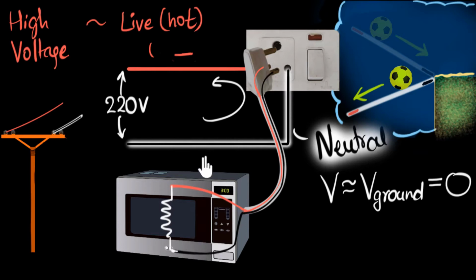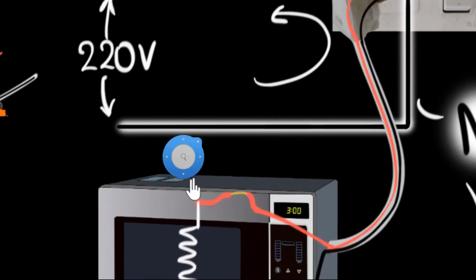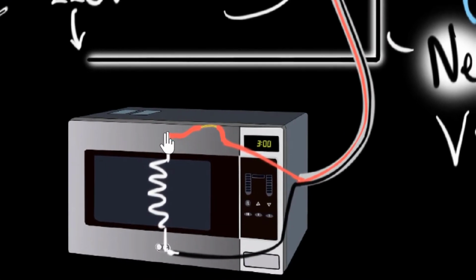Then why do we need a third wire? That is in case of a fault. Imagine when this microwave was installed in your home, some mishandling happened, and let's say the insulation of the live wire broke off and it started touching the metallic case. So here's the situation. Let me zoom in. So you can see the insulation has come off and the live wire is now touching the metallic case.